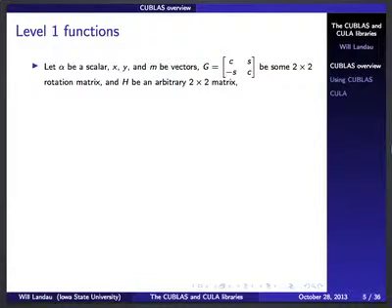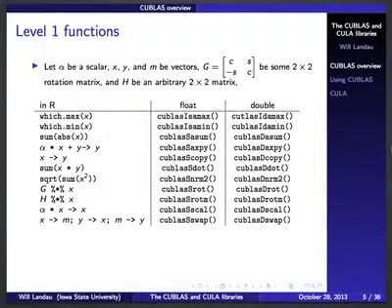So just to overview some level 1 functions, let's define alpha, x, and y as before, and let G be some rotation matrix, and let H be some arbitrary 2x2 matrix. Then we have a bunch of functions like this. Given a vector, you can find the index of the maximum, the minimum. You can take the L1 norm.